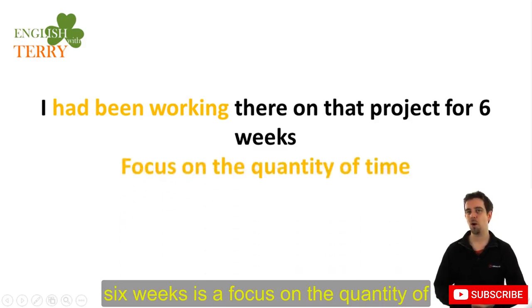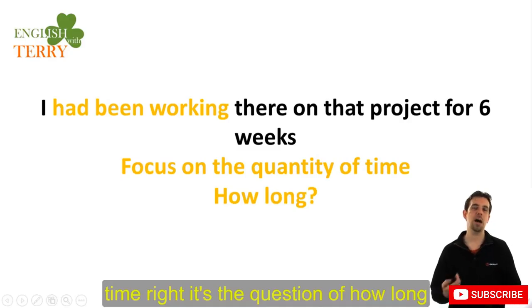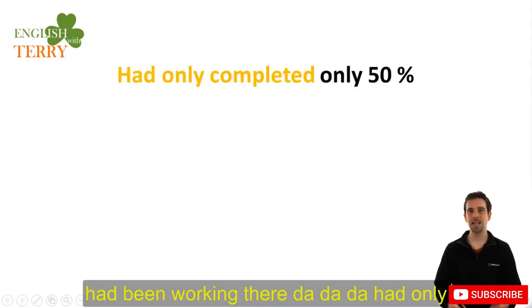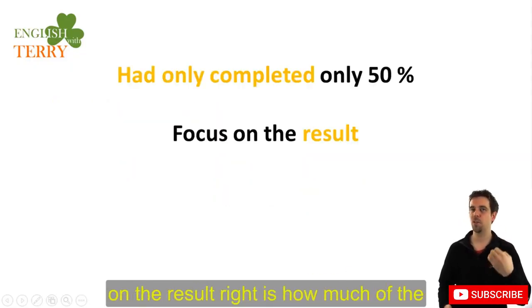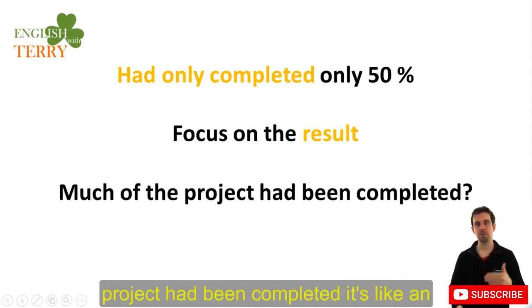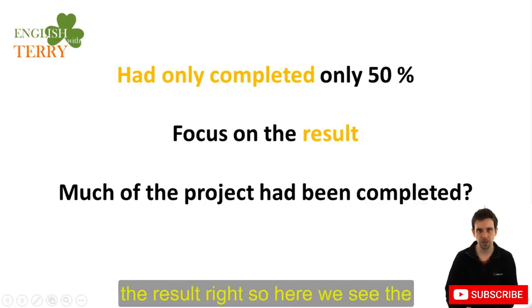It's a focus on the quantity of time, right? It's the question of how long. How long had you been working there? Oh, I had been working there. Had only completed 50%, now it's focused on the result, right? It's how much of the project had been completed. It's like an answer to the question, how much? What is the result, right?